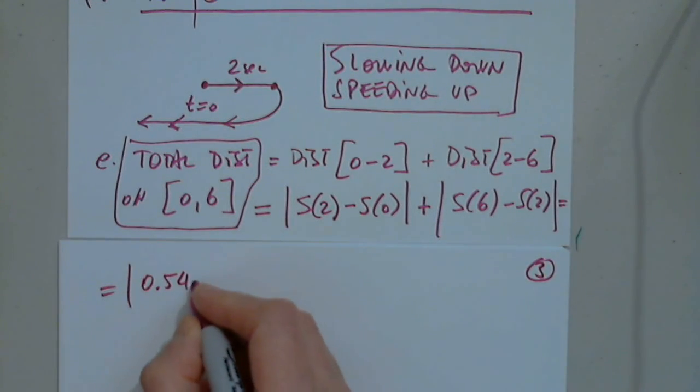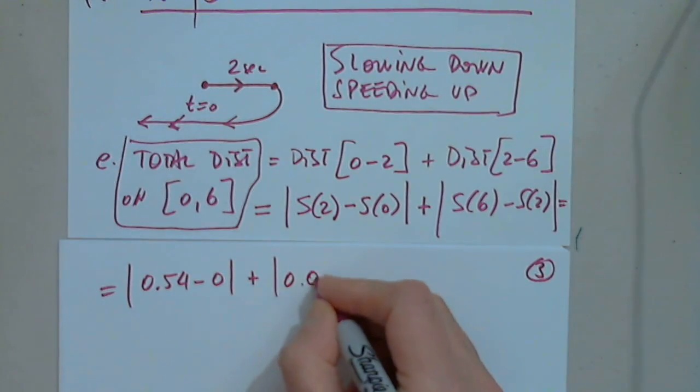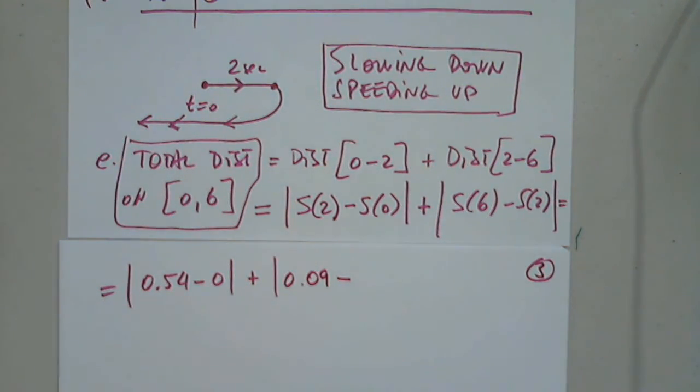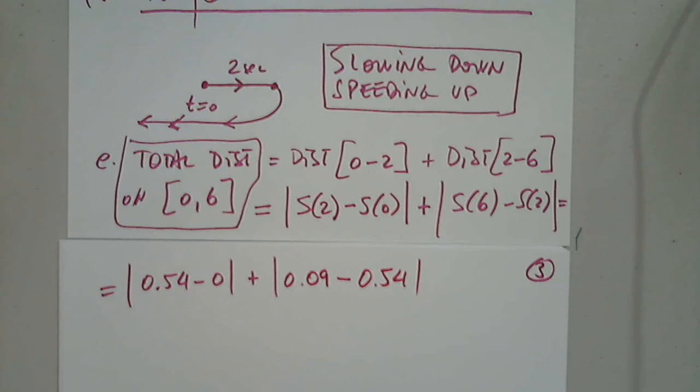So 0.54, of course, minus 0 plus s of 6. S of 6, 0.09. 0.09 minus s of 2, which is negative 0.54. Okay, so here it is. S of 2, 0.54, s of 0, 0. S of 6, 0.09 minus s of 2, 0.54.